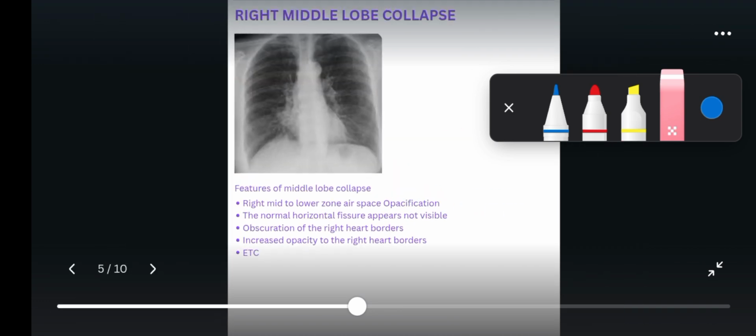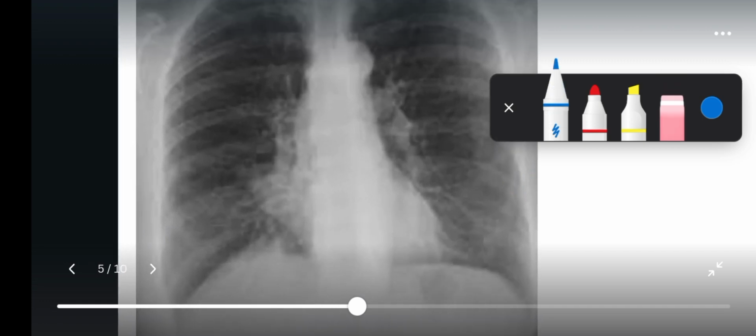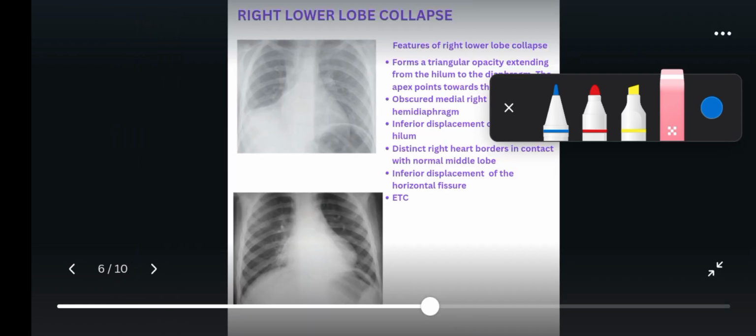There are other signs you may see in middle lobe collapse. Let's look at the image we have here. So you see the right heart border is not clear. You see this opacification here. That signifies middle lobe collapse. You cannot appreciate any form of horizontal fissure here.